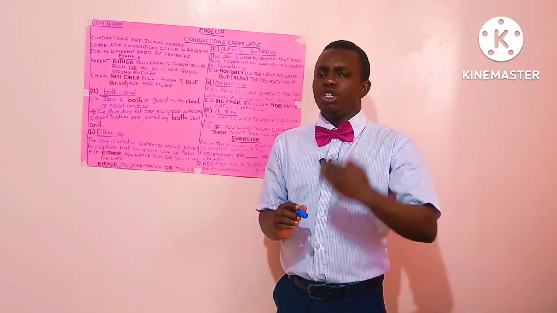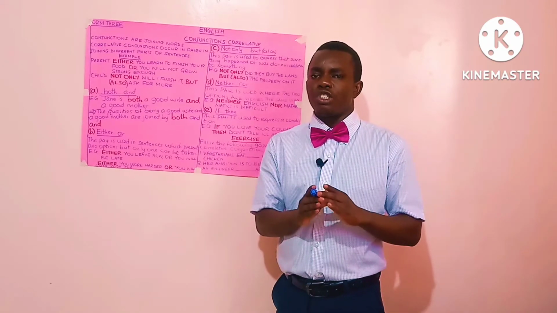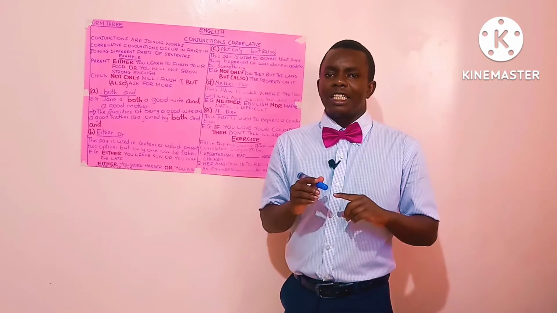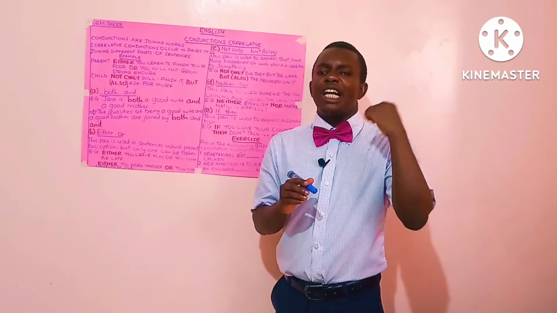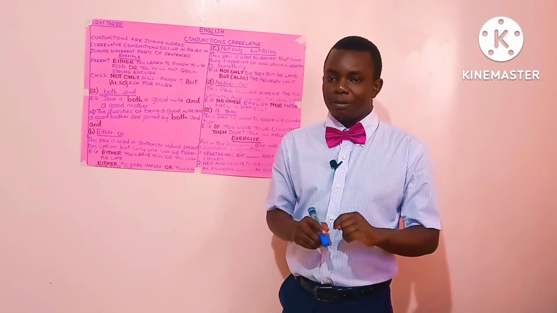So we use both and as correlative conjunctions to join sentences that show that there is additional information about something.